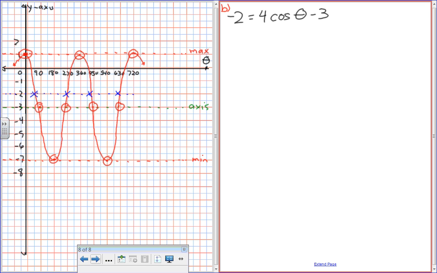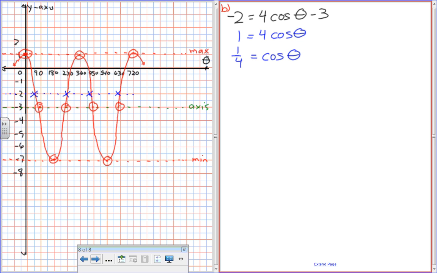So that's going to turn into 1 equals 4 cos theta. All right. And then your second best at algebra in this class. What's the next step to solve for theta? Divide by 4. Okay, Riley, you're third best at solving equations in this class. What's the next step in solving for theta, please?